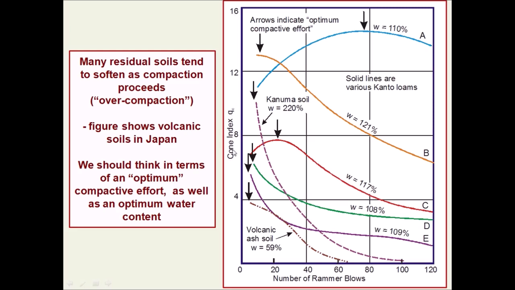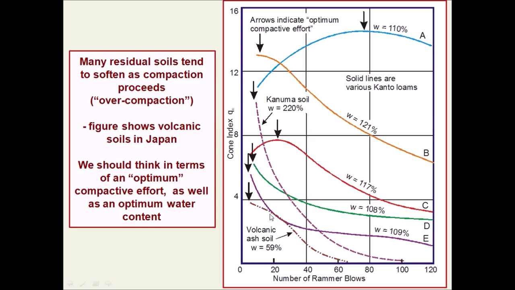You needn't worry about the actual value of this, but this is a measurement of the strength. So in this case, and in this case, the strength did increase and then it started to decrease. But for most of them, the strength decrease has begun almost right from the beginning. As soon as they were giving a certain number of blows, they were softening the material.